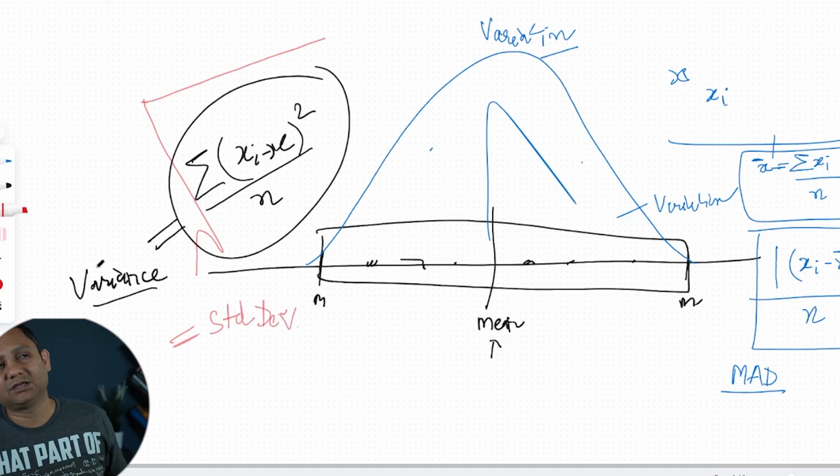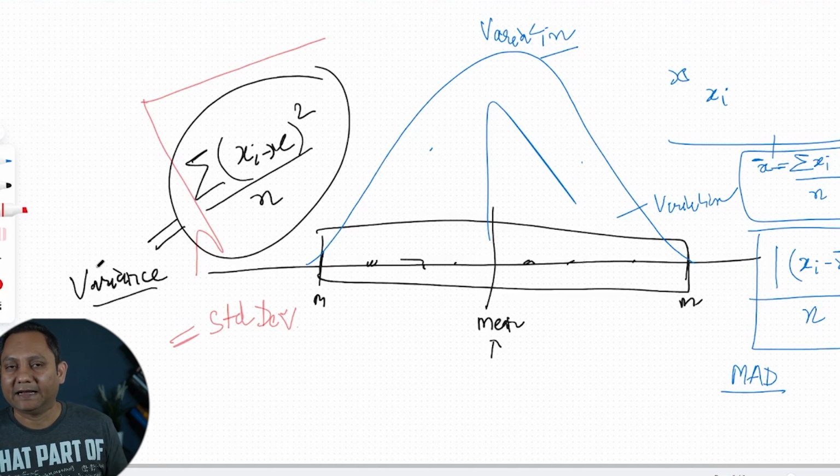And standard deviation gives you a very good idea of how my data is distributed. For example, if your mean is say 100 and your standard deviation is 10, it means my data is plus or minus 10 points away from 100.